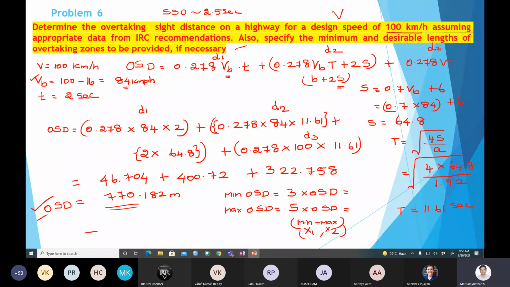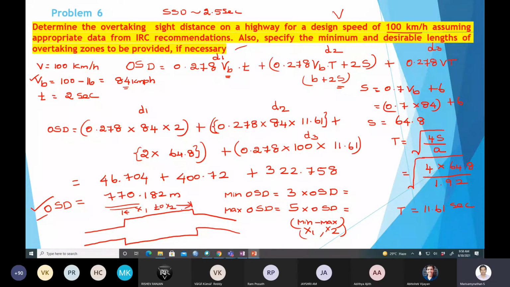So maybe we are going along a stretch, and suddenly we provide the overtaking zone. Then the overtaking is completed and we continue. This is in one direction. In the opposite direction of the same road, the overtaking zone starts, we follow it, then it ends and comes back to the normal road. This is the design of the overtaking zone, and it varies between x1 and x2.